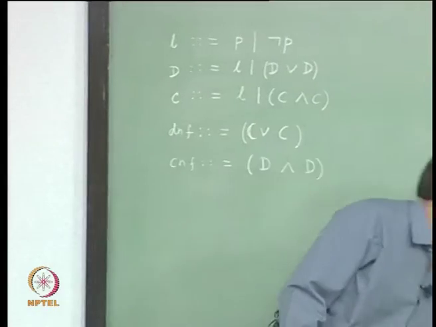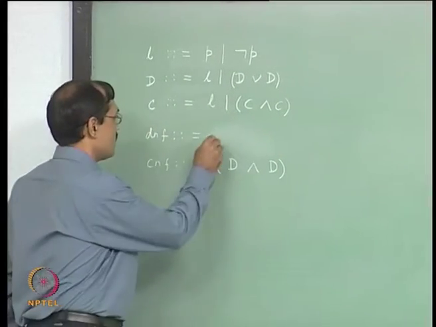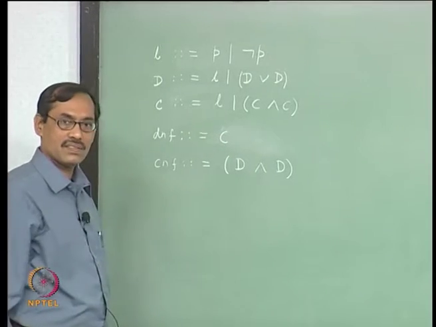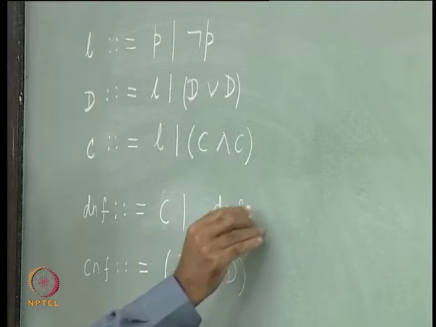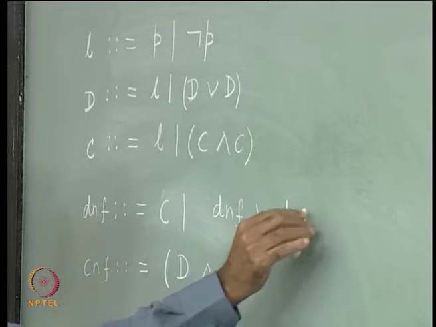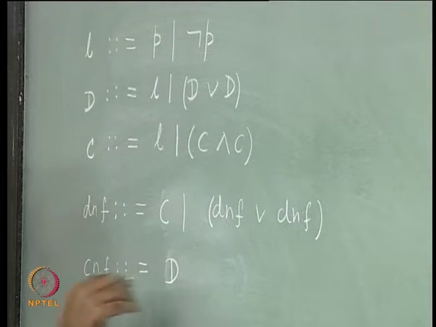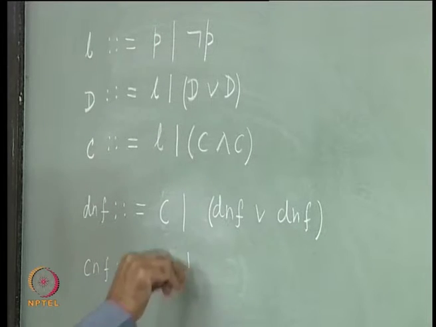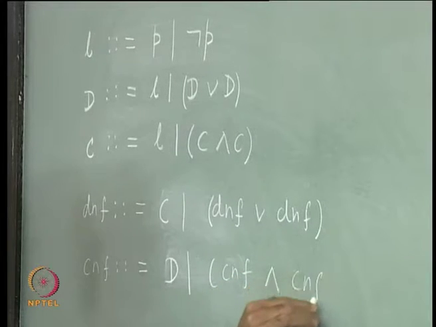So, what we do? We say that it can be a conjunctive clause or a DNF or another DNF. Okay. Similarly, here what we do? We say CNF can be a disjunctive clause or a CNF and a CNF.